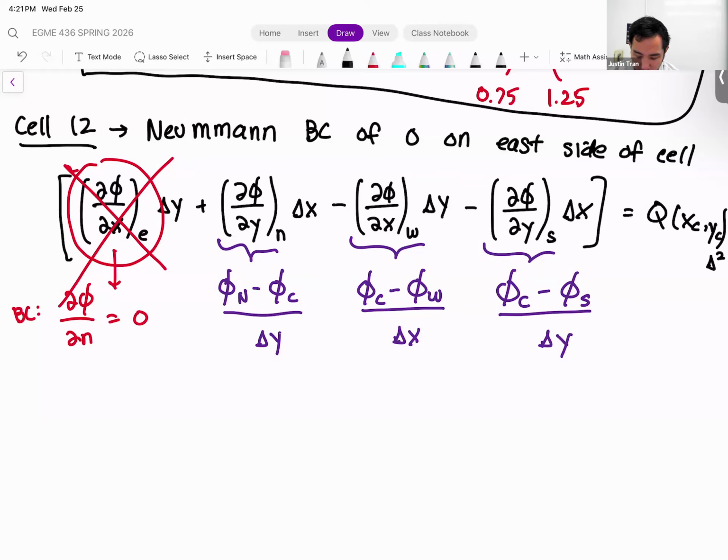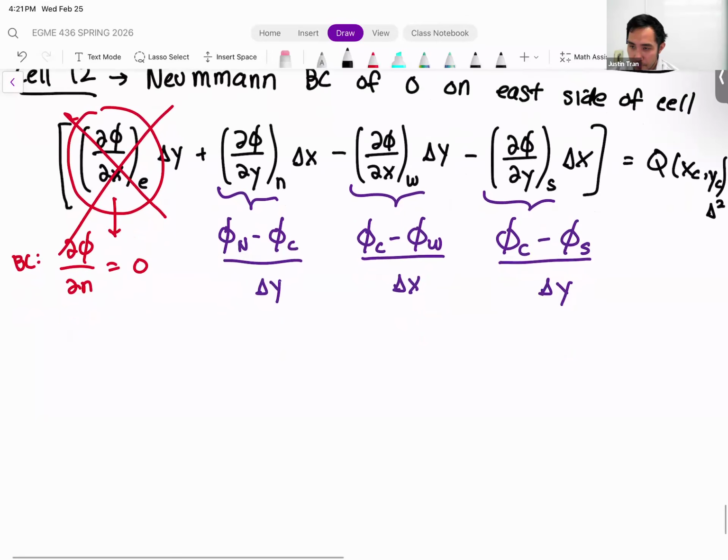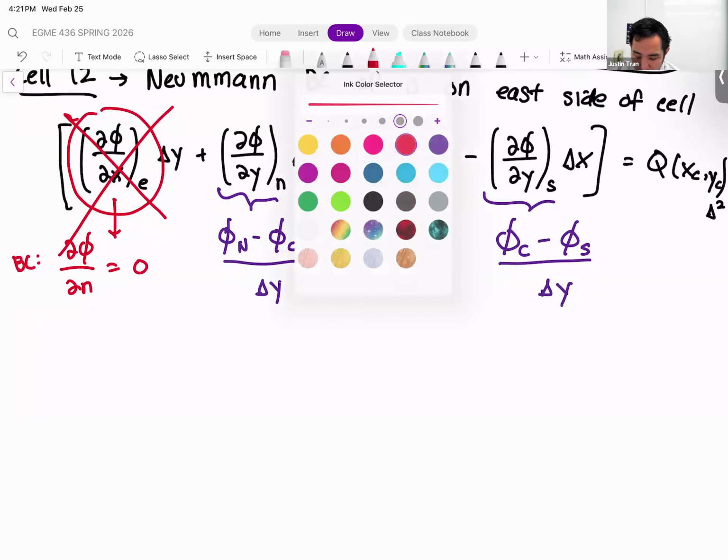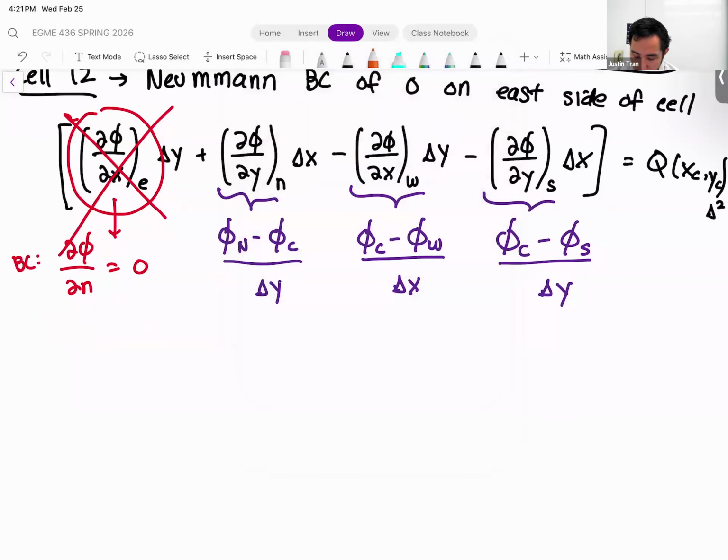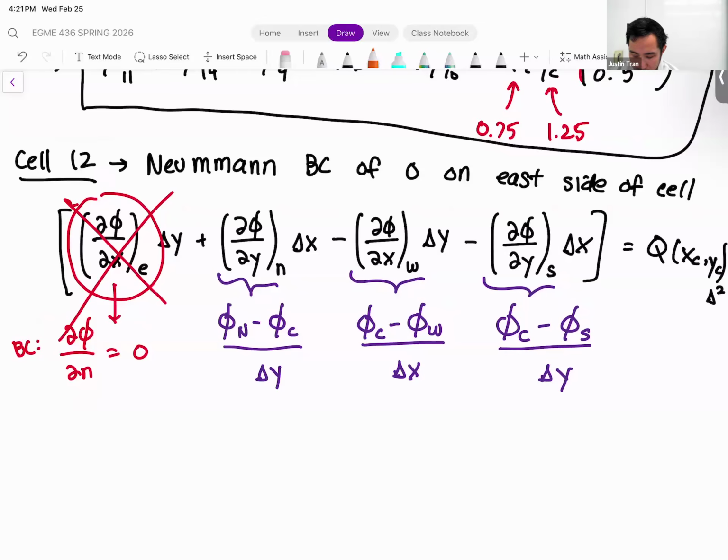So then all we're left with are these central difference terms. And remember, we are making the assumption that our grid spacing is the same in delta x and delta y. So we plug in this central difference. That means this delta y is going to cancel with this delta x, and this delta x is going to cancel with this delta y.